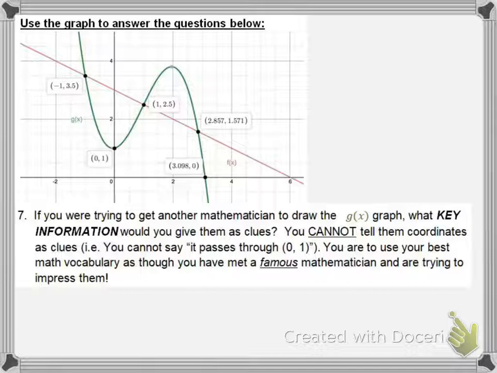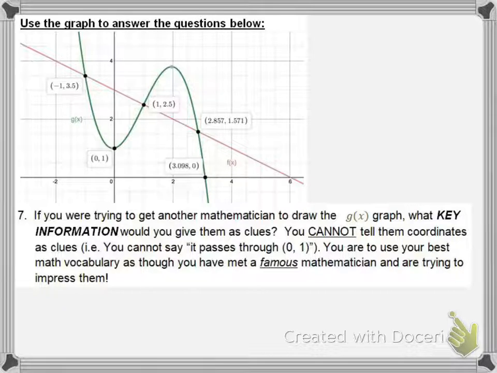I should talk about the fact that it is falling on the right, rising on the left. I can't say max and min. It has a maximum value of infinity and a minimum value of negative infinity.